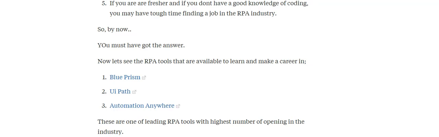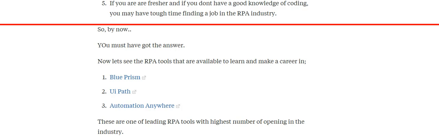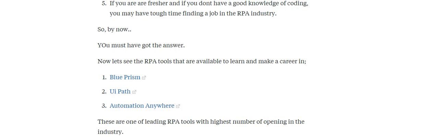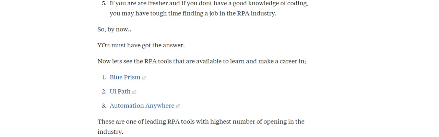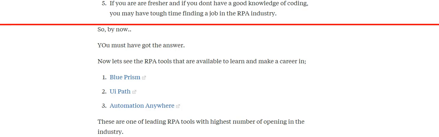When you look at the tools in the market, Blue Prism is a tool you can learn easily. Second is UiPath. These are the market value tools. Instead of Automation Anywhere, you can move to UiPath and Blue Prism.